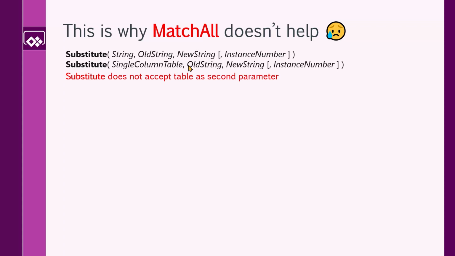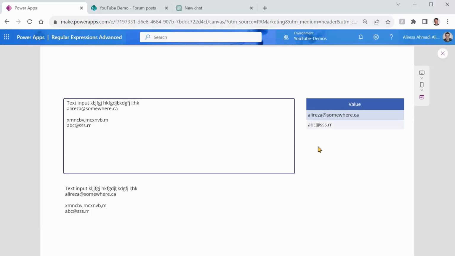It's out of the question. Well, how about split? What if we use split? We provide the text, and for the separator, we use these emails. So all these things using split are going to be eliminated, and we just concatenate whatever we get as a result, and fill the gaps with a few asterisks.